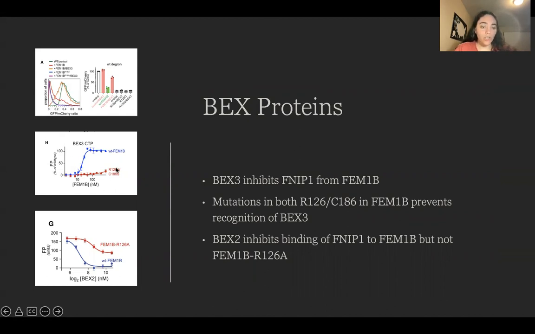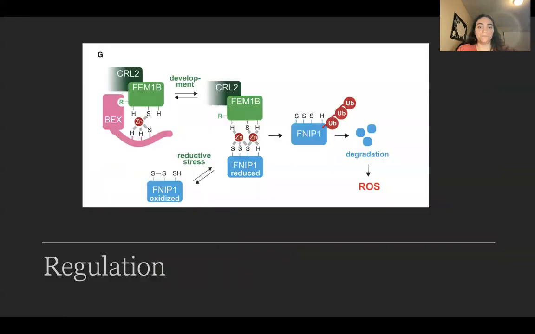And then in H, they tested this and found that both the R126 and the C186 mutations prevent the recognition of Bex, in this binding affinity comparison with the Fem1b. And finally, by titration, they concluded that it effectively inhibits Fem1b, but not Fem1b R126. And so in this sense, the Fem1b R126 inhibits the inhibitor.